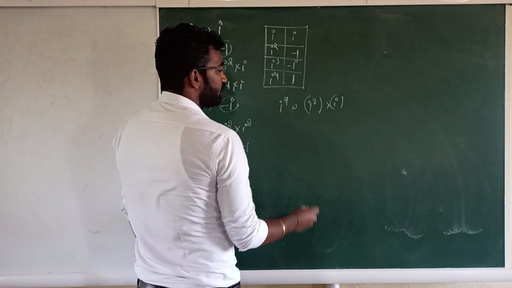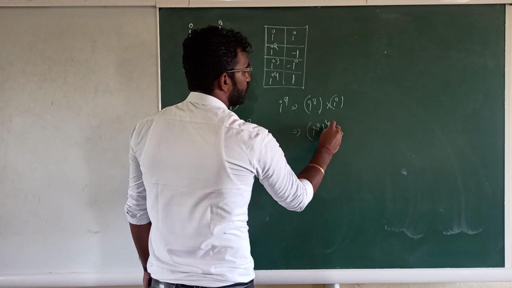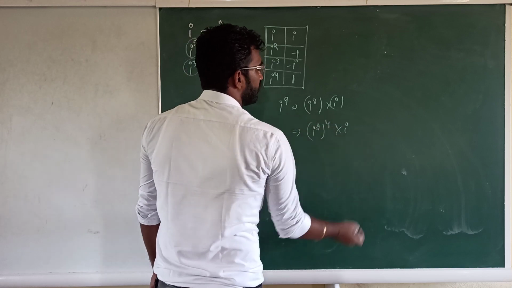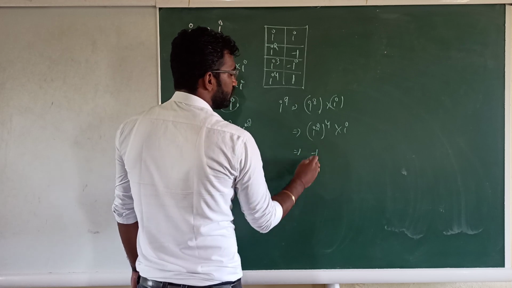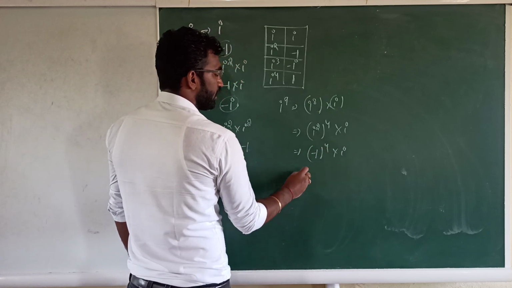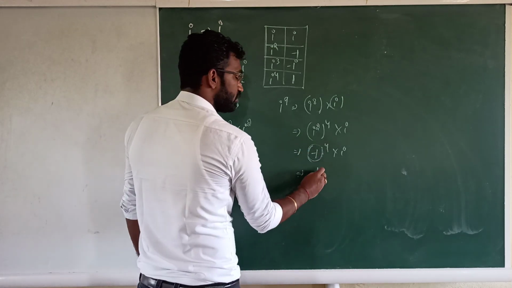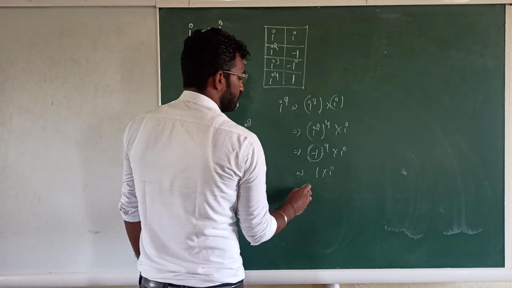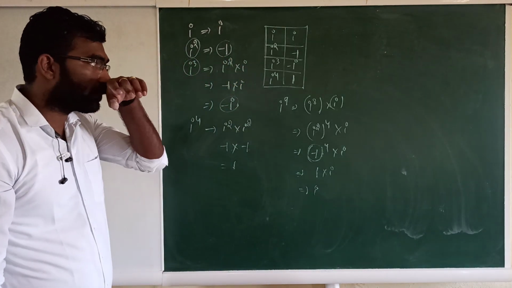Therefore this i raised to 8 can be written as i square raised to 4 into i. Therefore i square means minus 1 raised to 4 into i. Minus 1 raised to 4, minus 1 raised to an even number, is plus 1, and i. Therefore you write i, right? This is how you have to find the power of i.